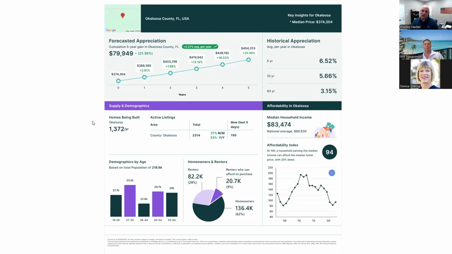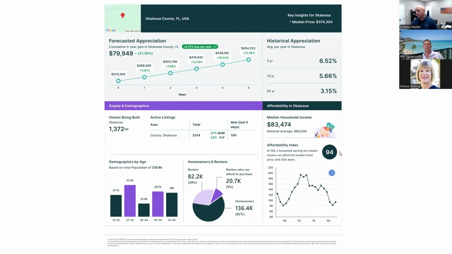As we look at Okaloosa County, again, still good amounts of appreciation, not quite where Walton is, but still a little over 21% year over year, still far outpacing historical averages. Lot more renters in Okaloosa than we have in Walton. So again, opportunities there, the first time home buyer market is there.